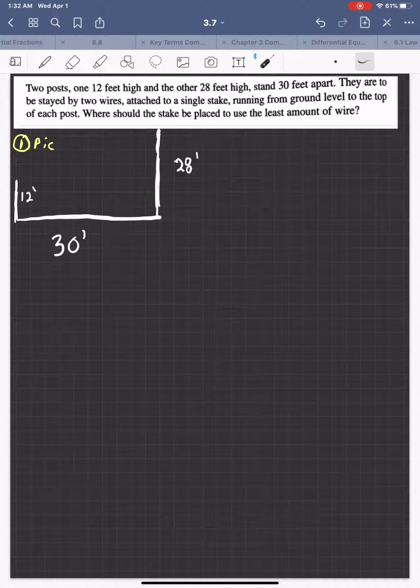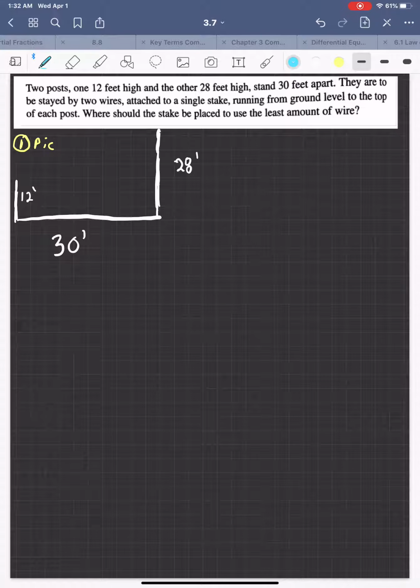Now, stayed by 2 wires that are attached to a single stake. Okay. Now, running from the ground level to the top of each post. All right, so let me go ahead and see if I can draw that.